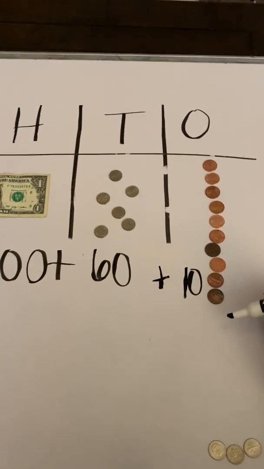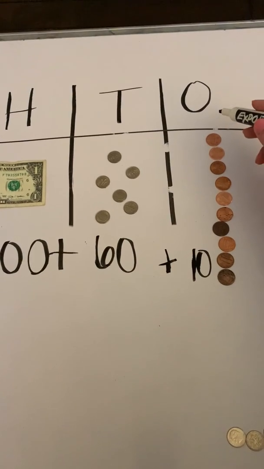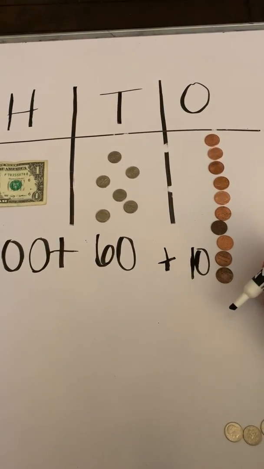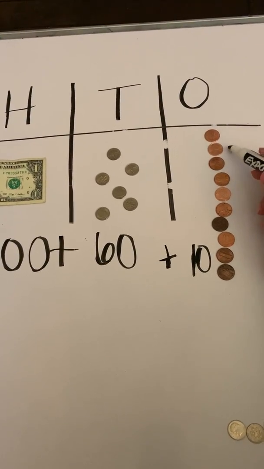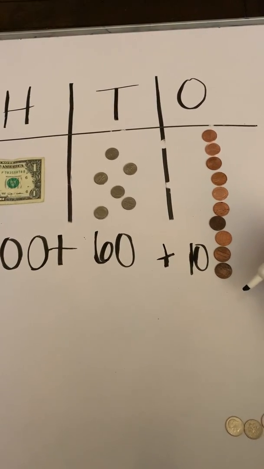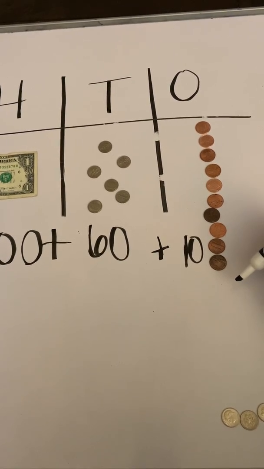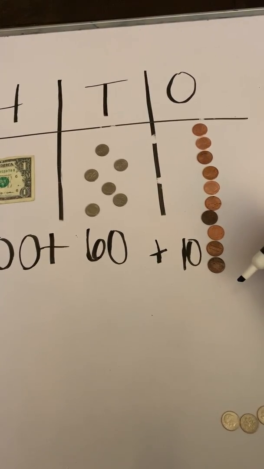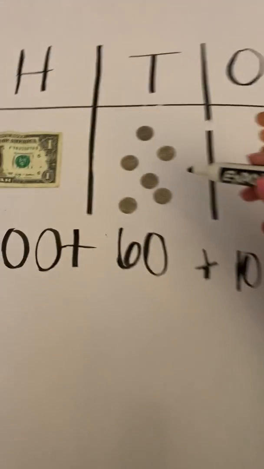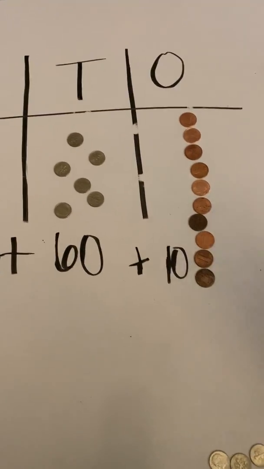We can't have 10 ones, right? 10 is a 2-digit number. In the ones place, we can only put a 1-digit number. So we have to take these 10 pennies, these 10 ones cubes, and trade them in. What can we trade them in for? Yes, we can trade them in for a 10 stick, which when we're using this money, a 10 stick is actually a dime.